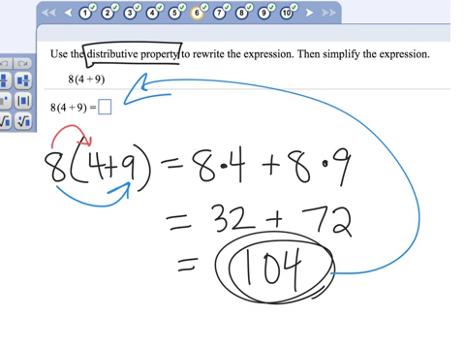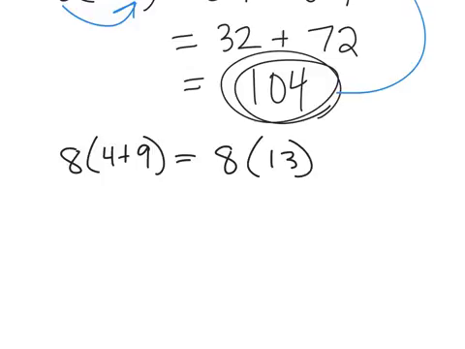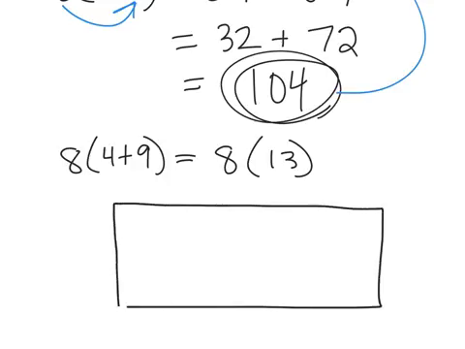Now, why does that work? Well, it works because if we took that 8 times 4 plus 9, and I changed it to 8 times 13, what does 8 times 13 look like? You could think of 8 times 13 as a rectangle with a height of 8 and a base of 13, or length and width, base and height, whatever.